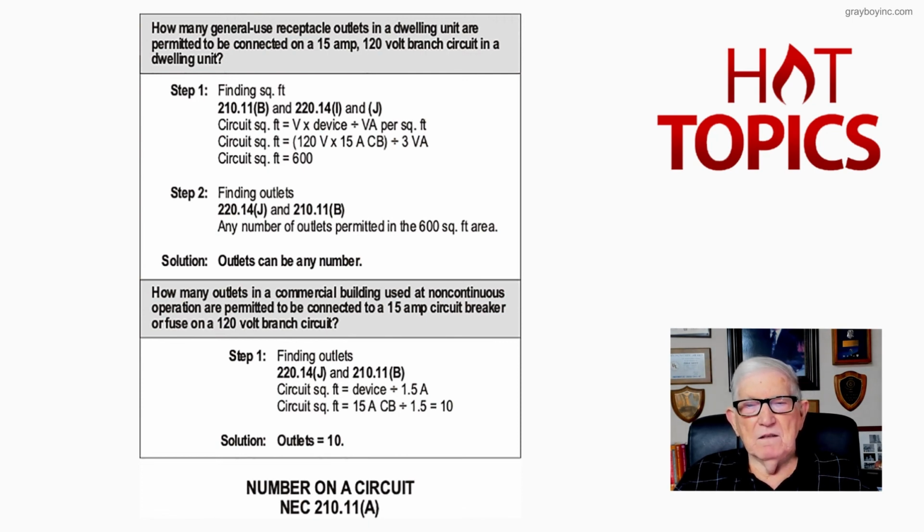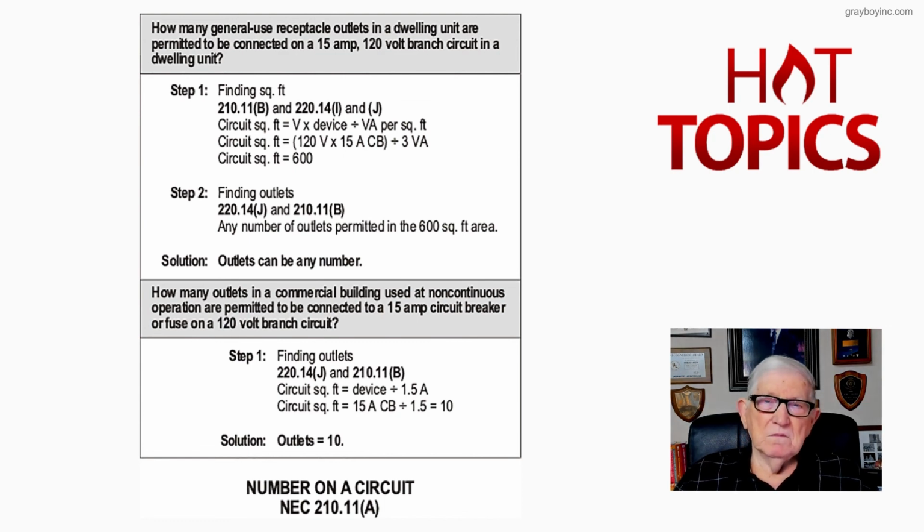Now, the square footage for the circuit, the device at 15 amps would be divided by 1.5 now, which would be, 120 volts divided into 180 would give us 1.5, so 180 VA per outlet. And when you took the 15 amps divided by 1.5, then there's 10 outlets commercial.